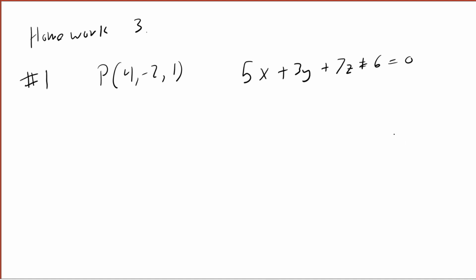Okay, so if we have a plane, we want the equation of the line that is perpendicular to this and goes straight through. That's an awful drawing.